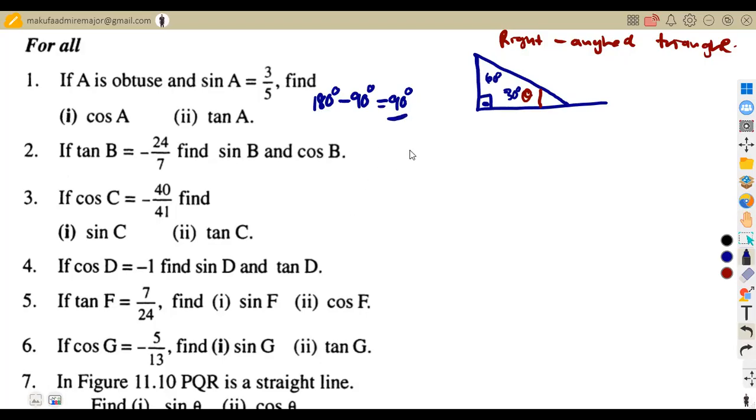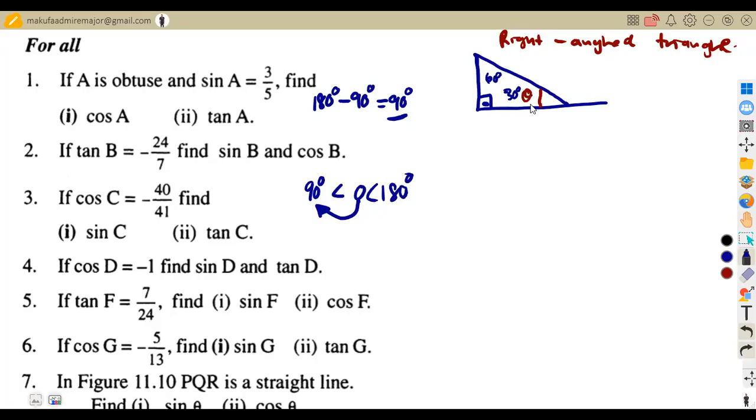So it's impossible for us to have an obtuse angle inside a right angle triangle, because an obtuse angle, remember, is an angle that is greater than 90 degrees but less than 180. We are saying these two angles must share 90 degrees, so it's impossible for us to obtain an obtuse angle here.